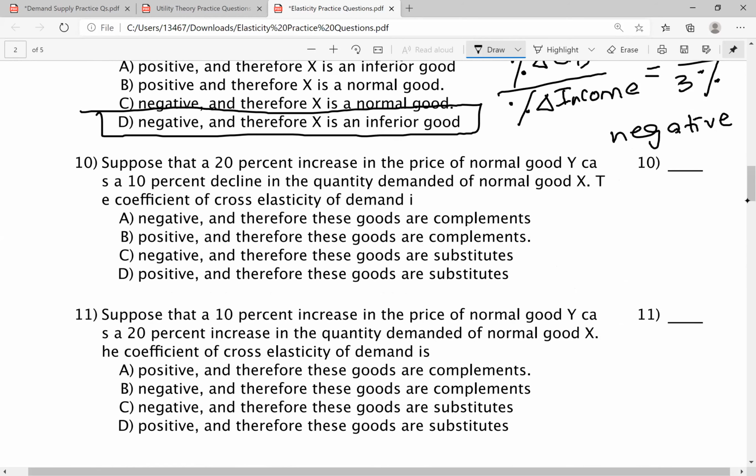Now take a look at question number 10 here. Here we look at the cross price elasticity of demand.